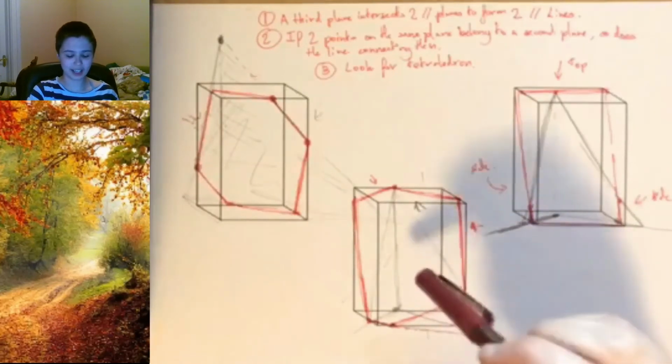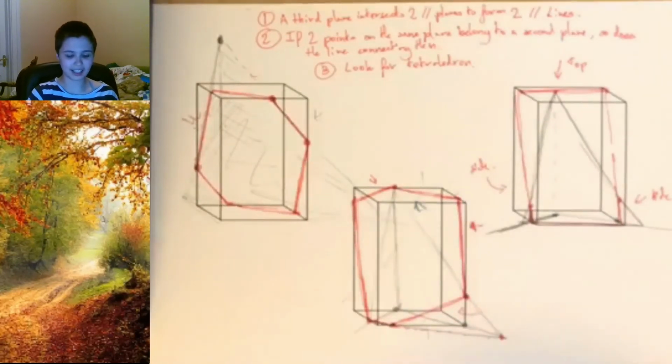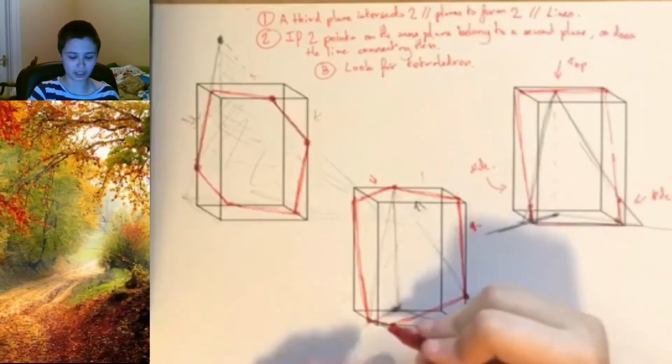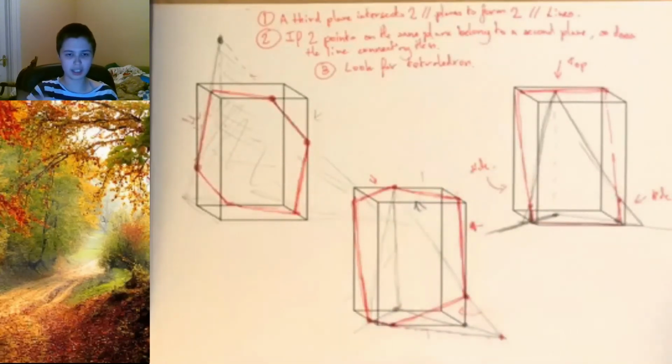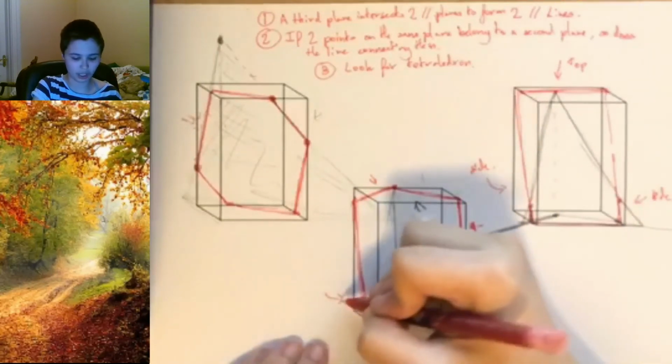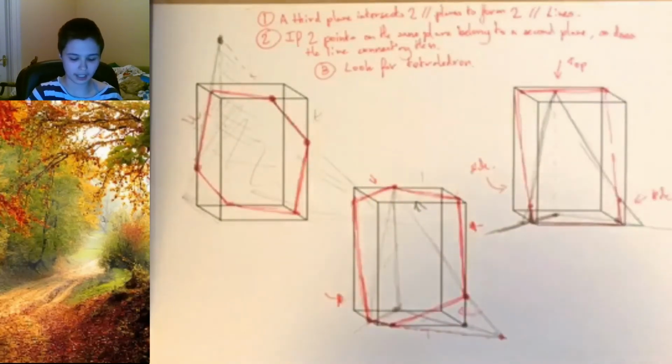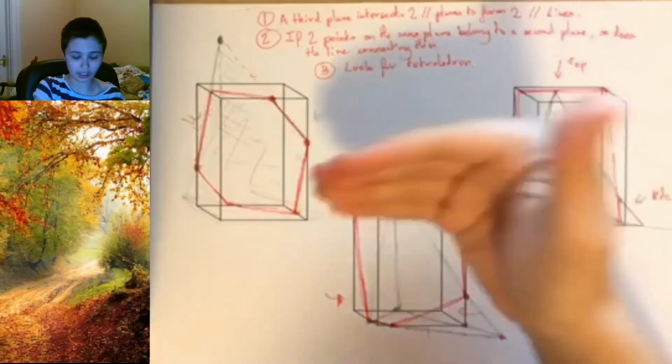The algorithm is to find a tetrahedron, look at how the tetrahedron cuts one of the planes that's part of your cuboid, and then draw parallel lines to those.